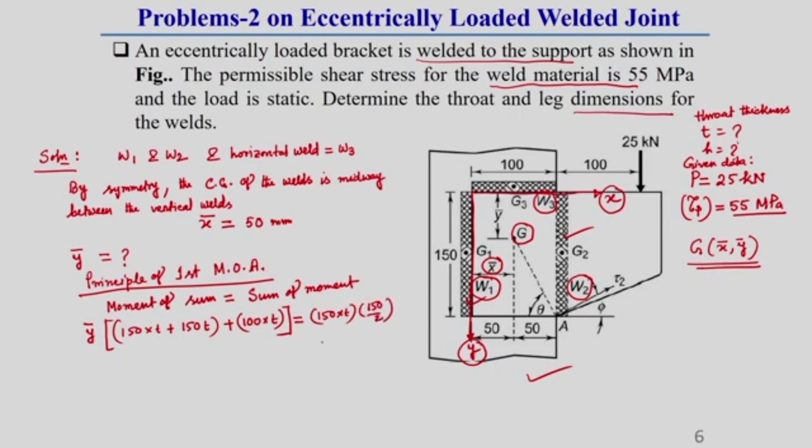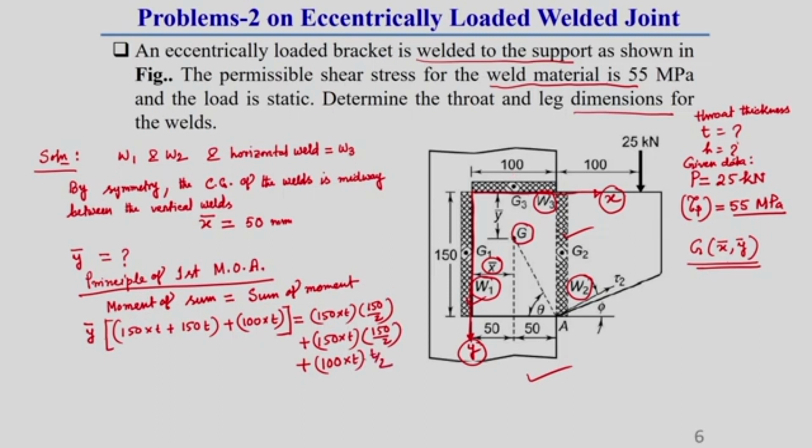Plus the second weld W2, which also has 150 into T and CG distance 150 by 2 again, and this horizontal weld, 100 into T, whose CG distance is T by 2.